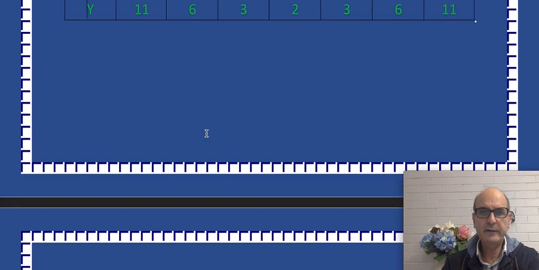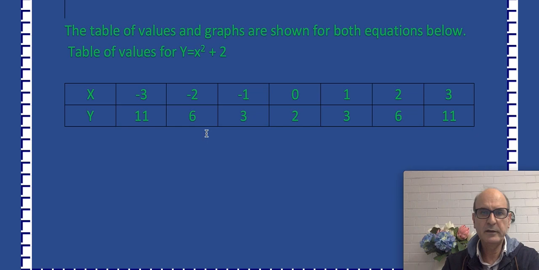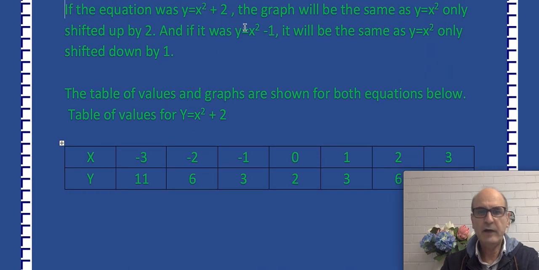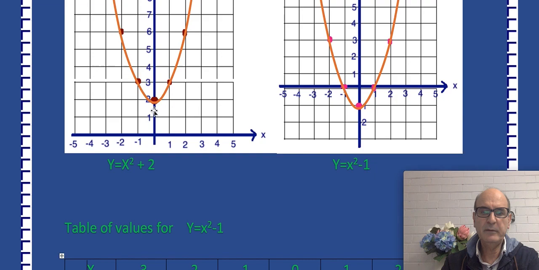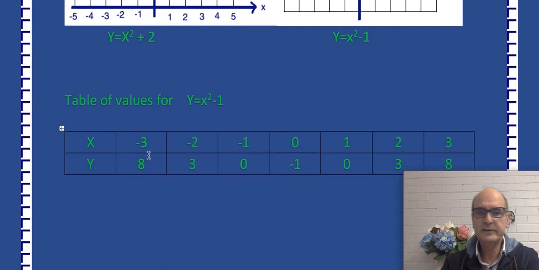Similarly, if you had an equation like y equal to x squared minus 1. In the previous one, we were adding something to x squared. Now we're subtracting something from x squared. So y equal to x squared minus 1. If you make a table of values for that and sketch it, the table of values will be like this.